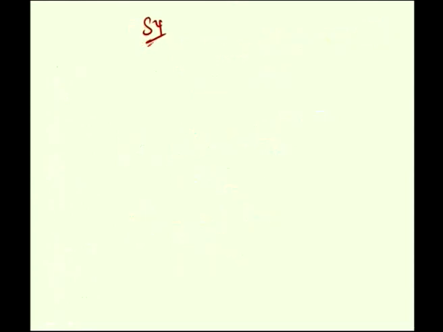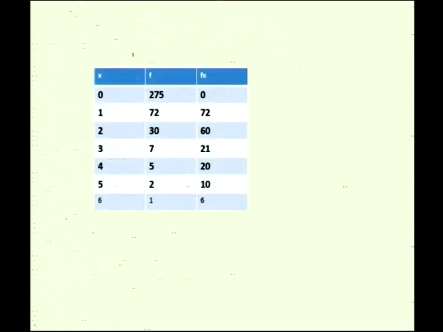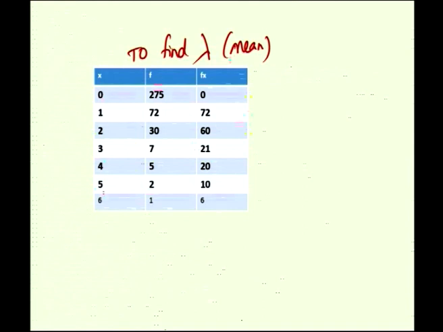Step 4 is first of all to find lambda for calculating with the Poisson distribution. Okay. This is the tabular column to find lambda, that is to find the mean, is it not, lambda is the mean, right. So, the x values are given 0, 1, 2, 3, 4, 5, 6 and the observed frequency values in the question are 275, 72, 30, 7, 5, 2, 1.